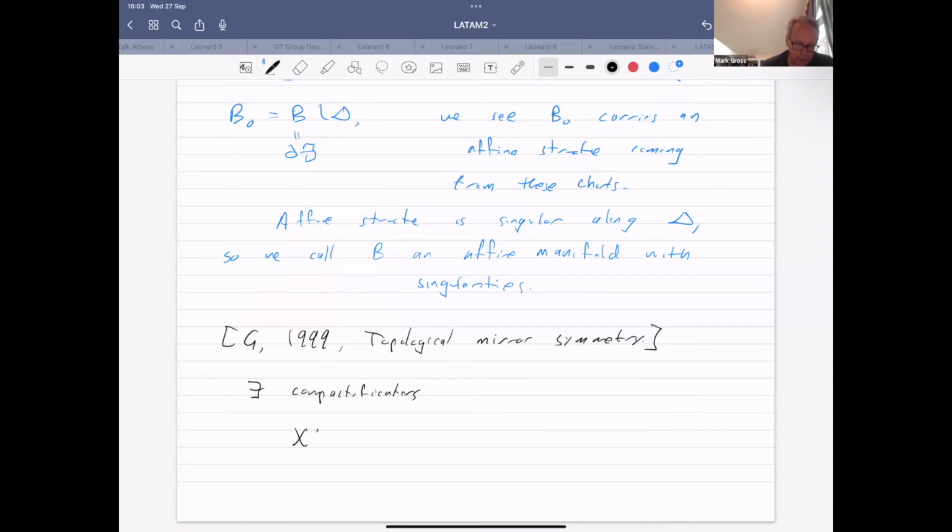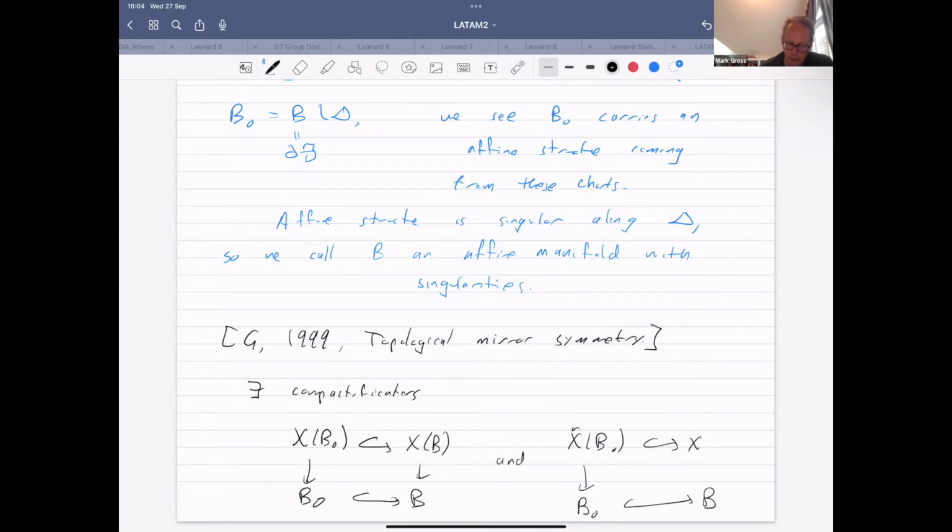So we have X of B0 lying over B0, and B0 sits inside B. And so this here is a torus bundle. The point is that we can add some singular fibers in, and we get an X of B. And we can do the same thing for X check of B0, and again, this injects into B, and we get an X check of B.